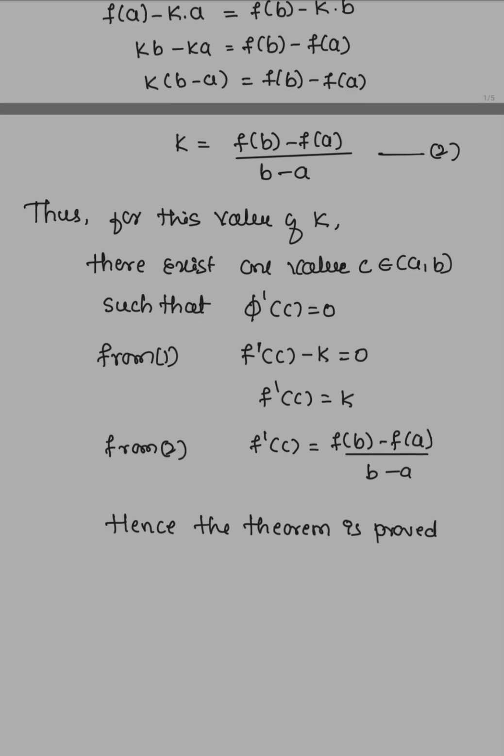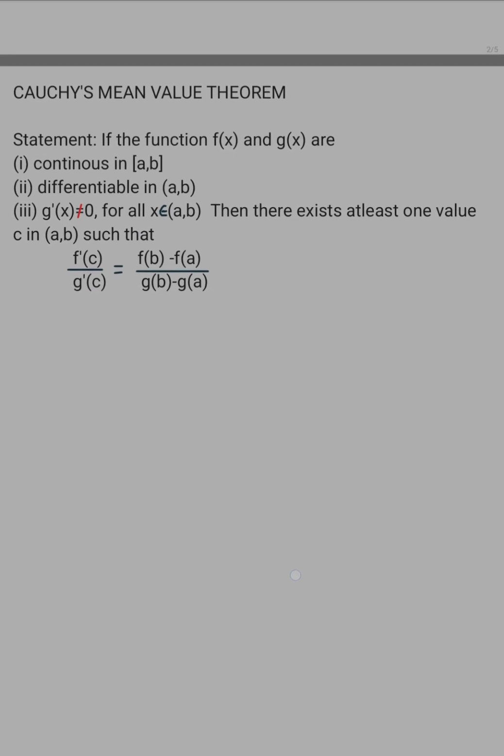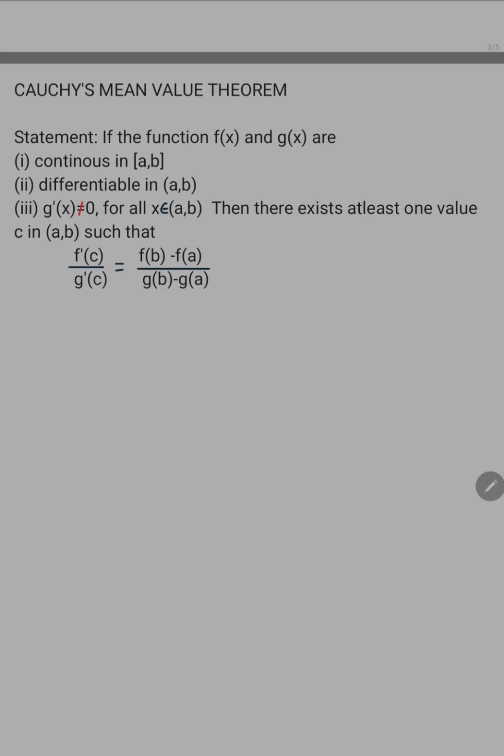Now we move on to the Cauchy mean value theorem. So what is the Cauchy mean value theorem? The statement says that f of x and g of x are two functions, both continuous in the closed interval a comma b and both differentiable in the open interval a comma b.